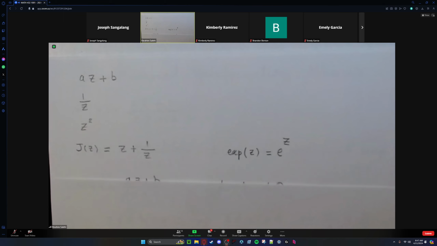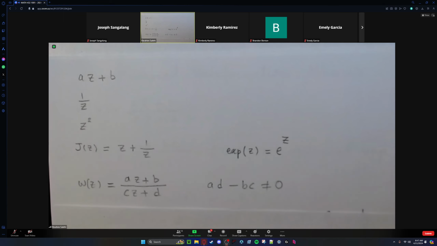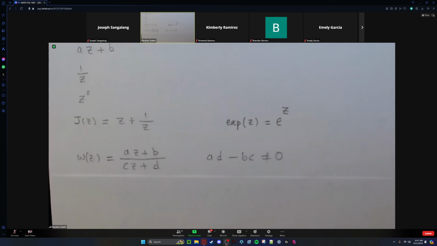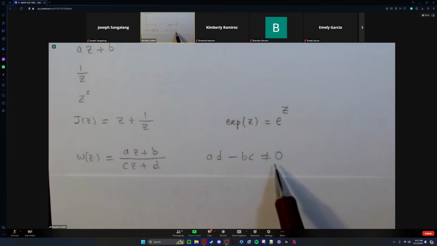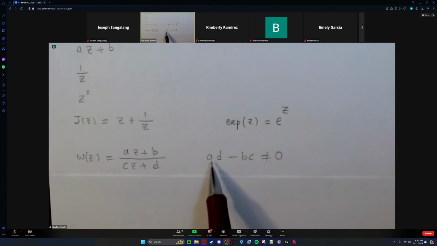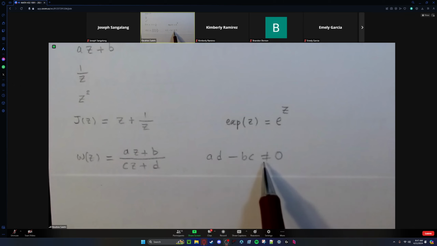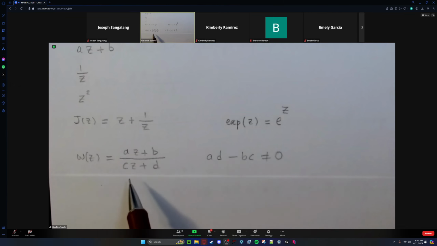Now today I want to talk about this function. This is a very important function, as you will see. And I don't want AD minus BC to be zero, because if this happens, the numerator and denominator will be proportional.